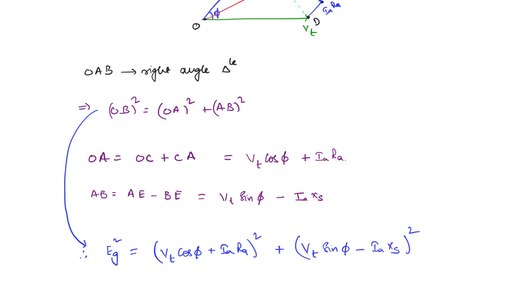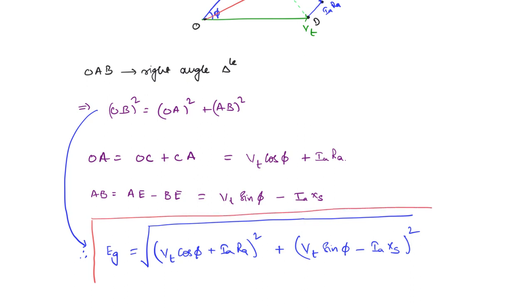Okay. So this equation you can write as Eg is equal to root over (VT cos phi plus IaRa) whole square plus (VT sin phi minus IaXs) whole square. So this is the expression for leading load. We have already seen for lagging and UPF. Now this is for leading load.